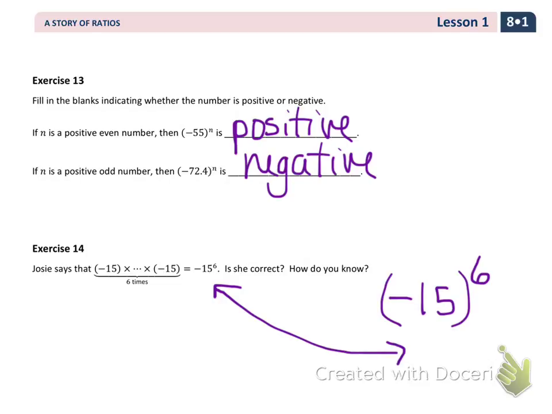And we'll think about it going back up to what we saw up here. If we have an even number for the exponent, then we're going to have a positive product. So here we have negative 15 to the 6th. 6 is an even number, so that means I can pair up these negatives. They're going to be positive. So this whole product here is positive.